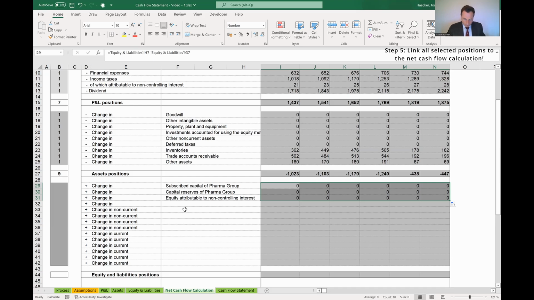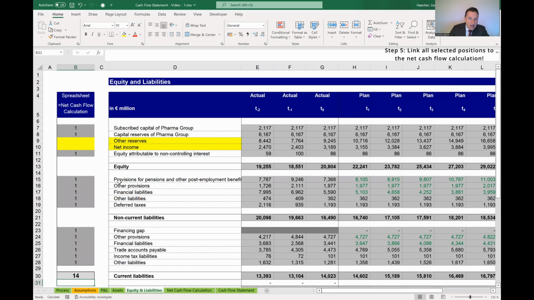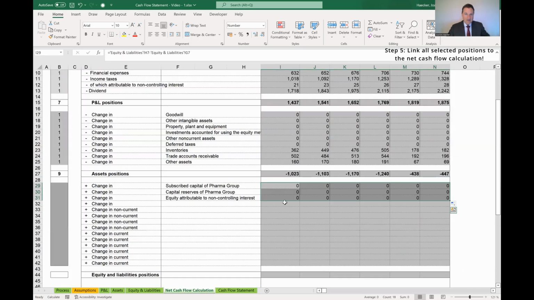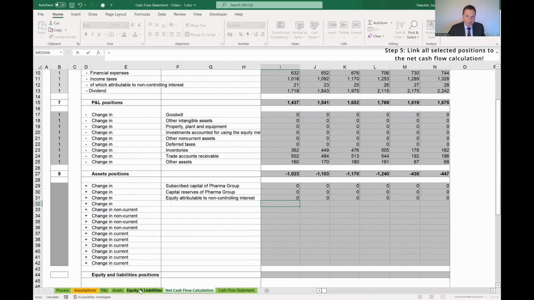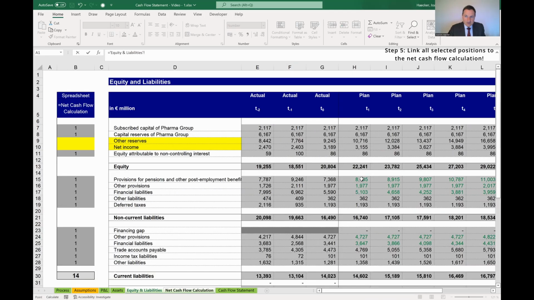Now we move forward to our non-current liabilities positions. We use the change in the pension provisions. That is here equals pension provisions minus the old year.